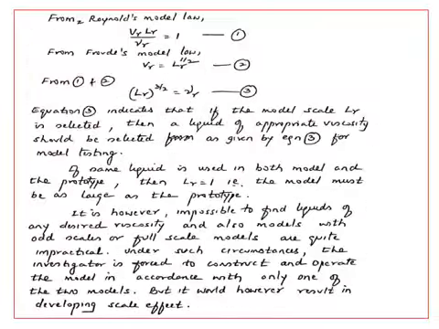So take such a case. We have already studied in the Reynolds model law that VR LR by nu R is 1. According to Froude's model law, what is VR? It is LR to the power of half.